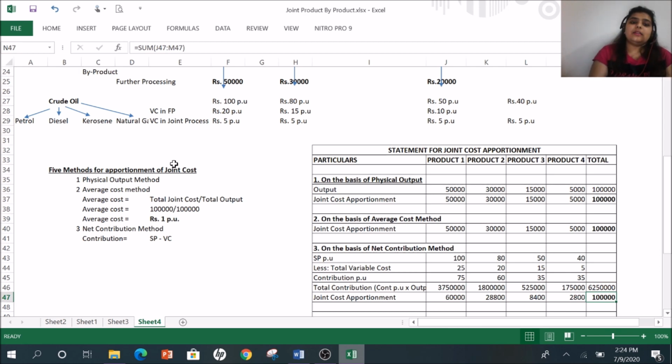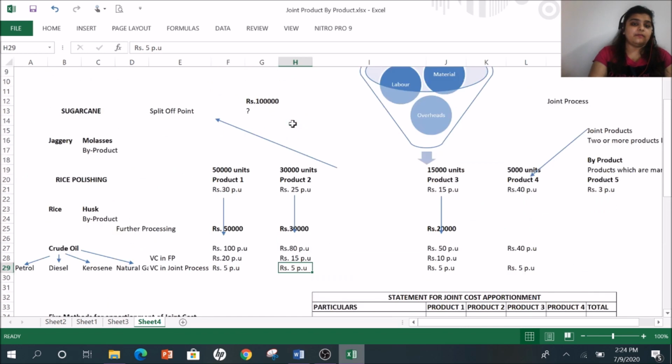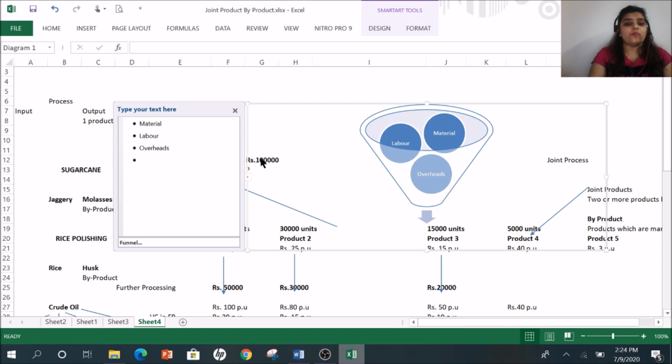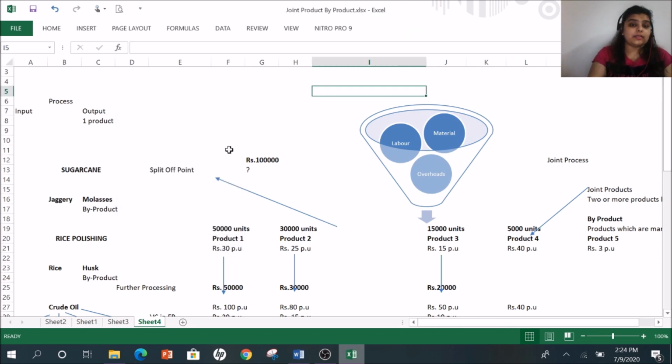Now there might be one question which is coming to your mind. The question is, ma'am, did we distribute a part of the joint cost already here? That means if this joint cost has two parts, let us say... first thing, this is a superficial figure.